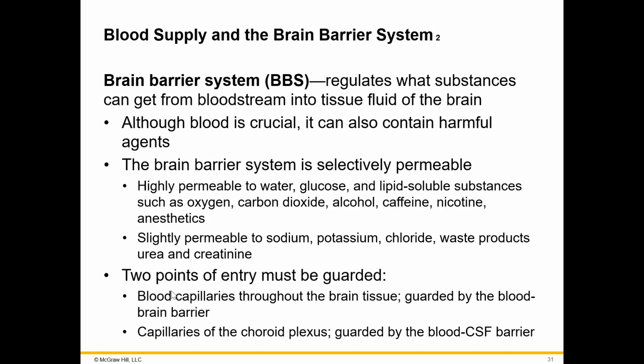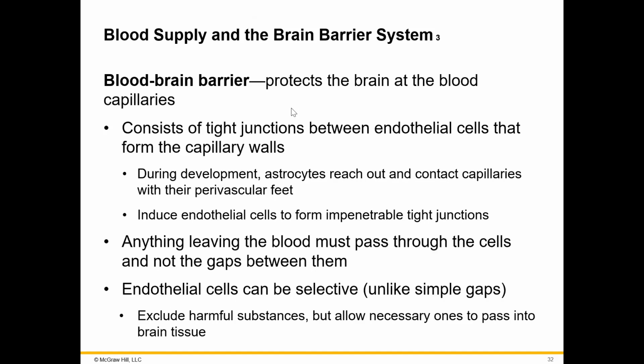The blood capillaries throughout the brain tissue are guarded by the blood-brain barrier. The capillaries of the choroid plexus are guarded by the blood-cerebrospinal fluid barrier. So the blood-brain barrier protects the brain at the blood capillaries.